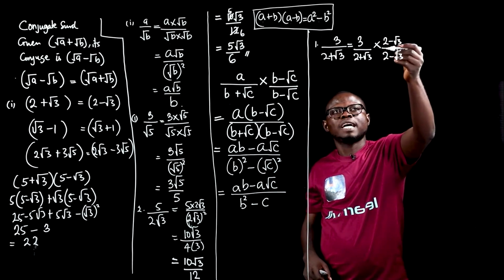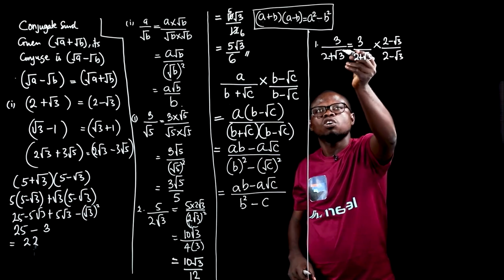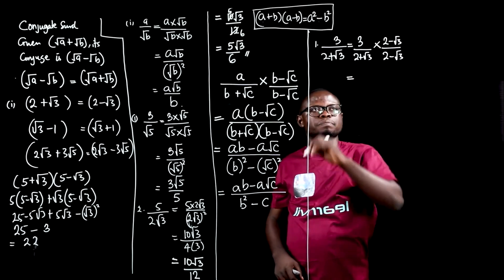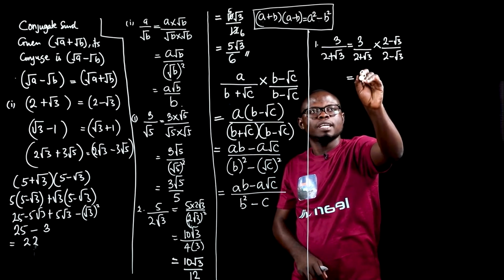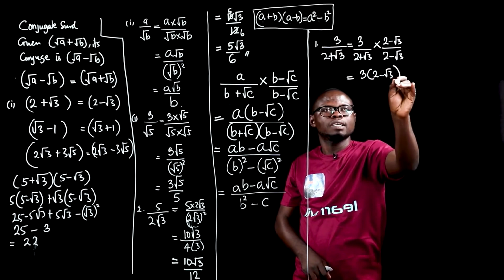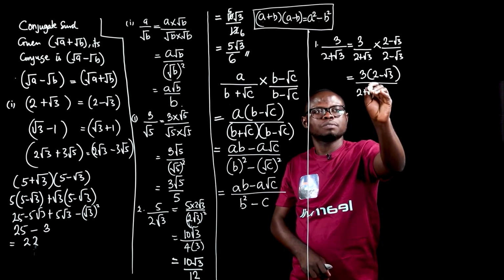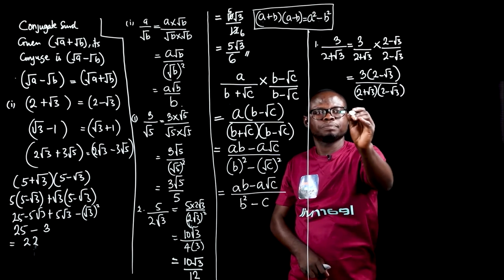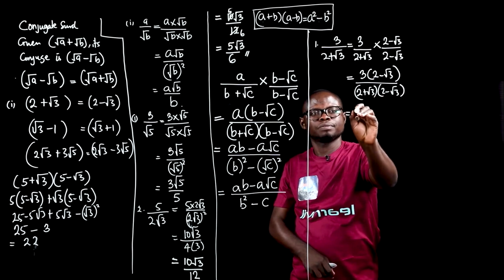So I am multiplying both the numerator and the denominator by the conjugate of the said 2 plus root 3. 3 multiplies this, and that will be 3 into bracket 2 minus root 3 all over 2 plus root 3, 2 minus root 3. I'm going to expand this one.